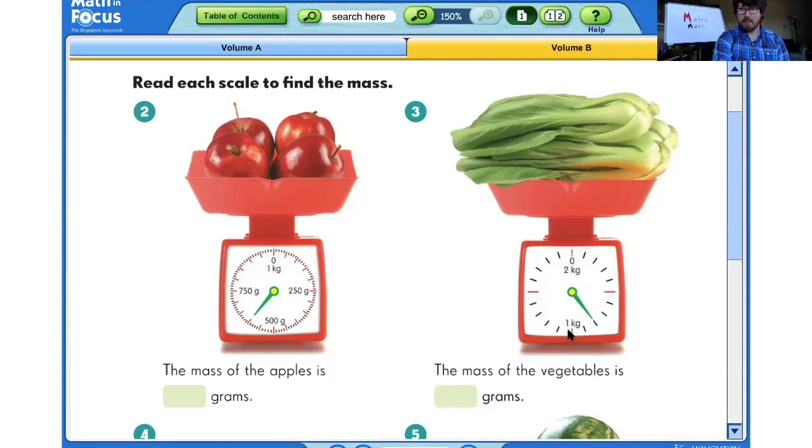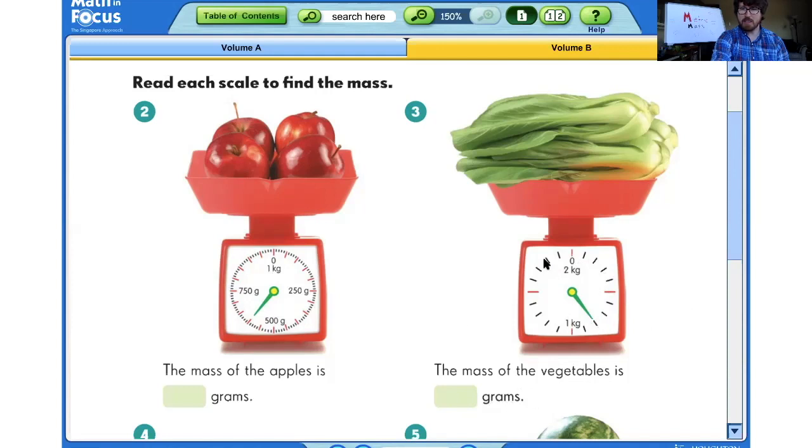But we know that there's 1,000 grams in 1 kilogram. So we know we can count by hundreds. We can go 0, 100, 200, 300, 400, 500, 600, 700, 800, and then if we went 900, 1,000 or 1 kilogram. So this would equal 800 grams.